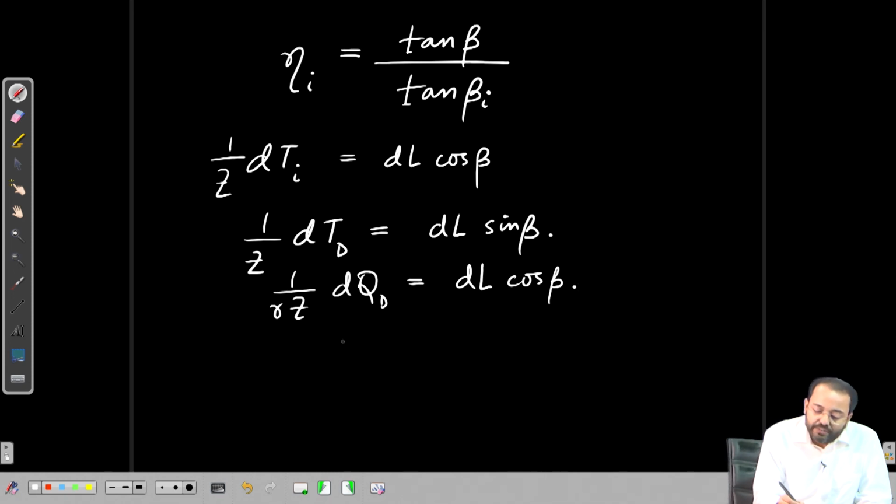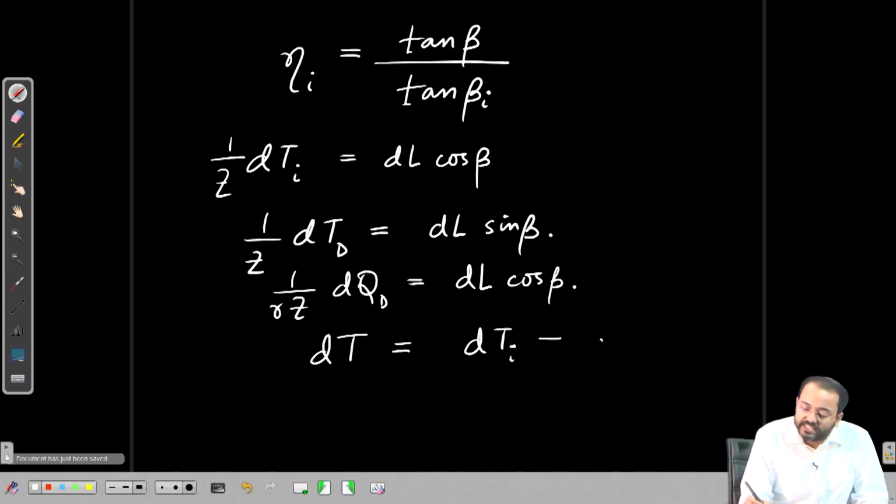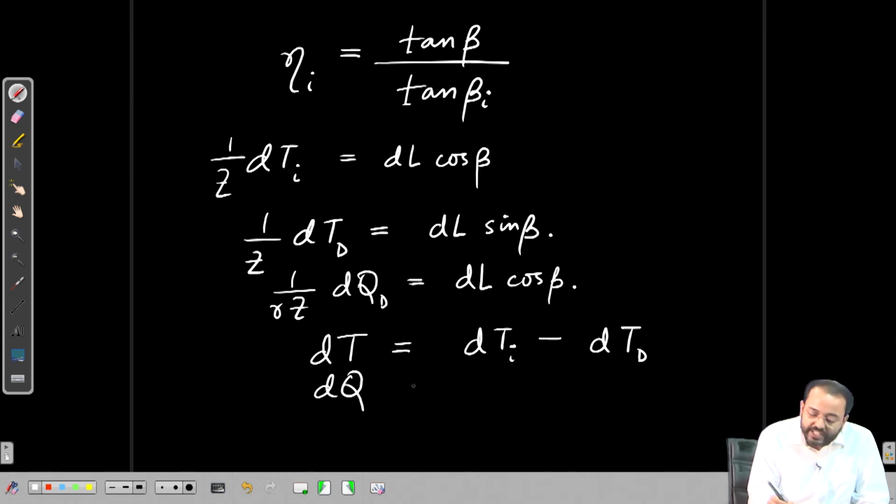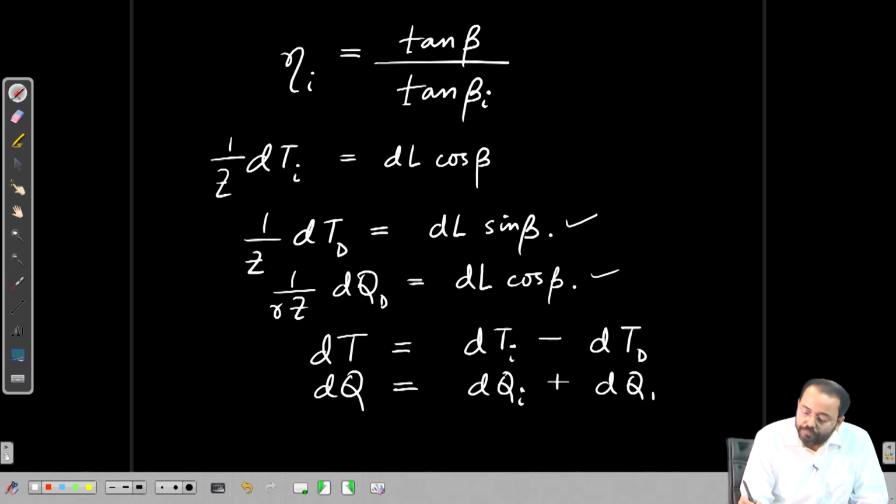So, basically we will have the dT as dTi minus dTd for the blade element, right. And similarly for the torque, dQ will be, because dl sin beta is negative for thrust and for torque dl cos beta will be added, dQ the ideal value plus the component from the drag. Okay.